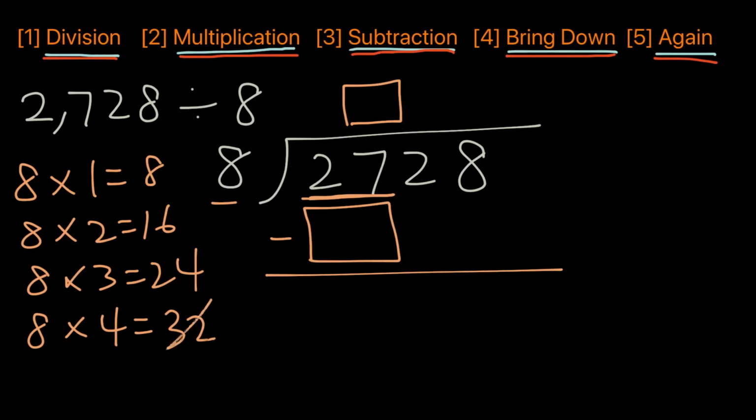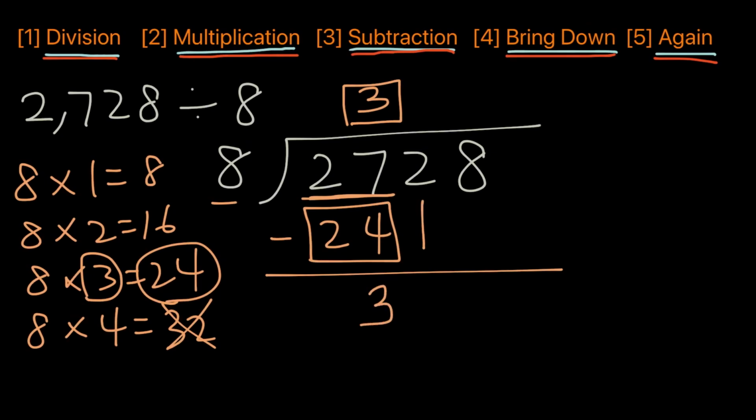So 32 is too big, and 24 is just right. So we're gonna place the 3 in here, and this will be 24. 27 minus 24, that gives us 3, and we bring down the 2.